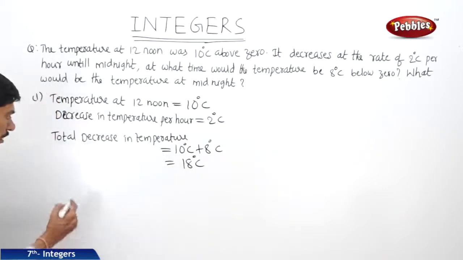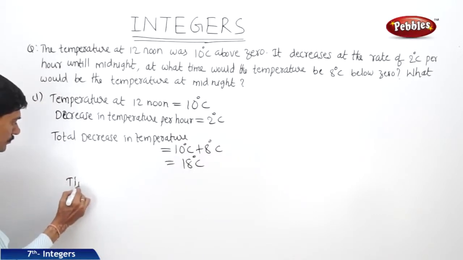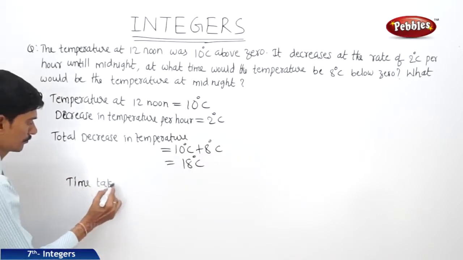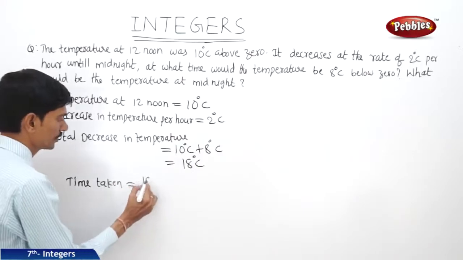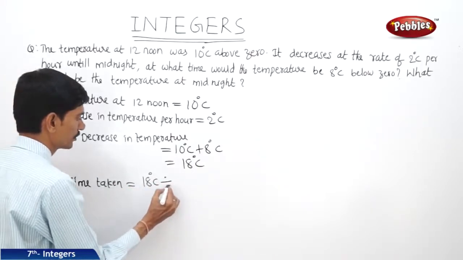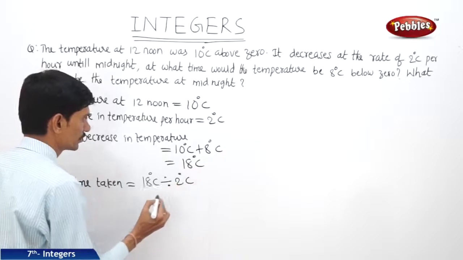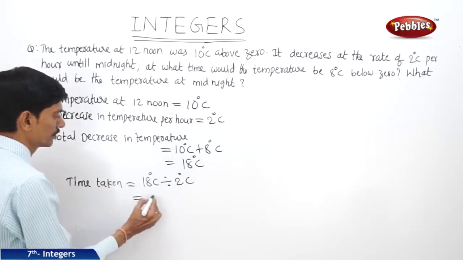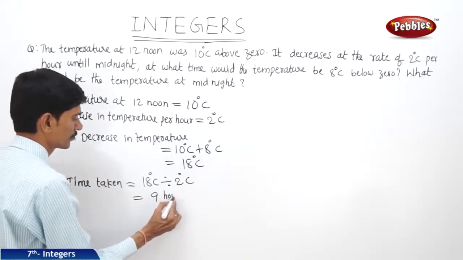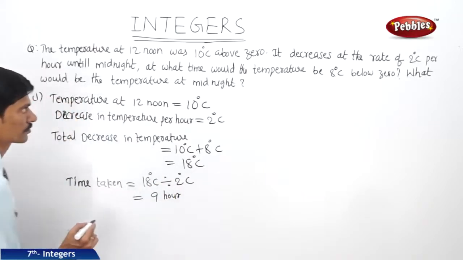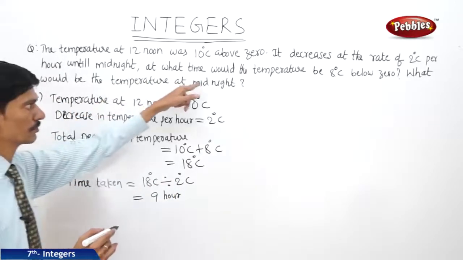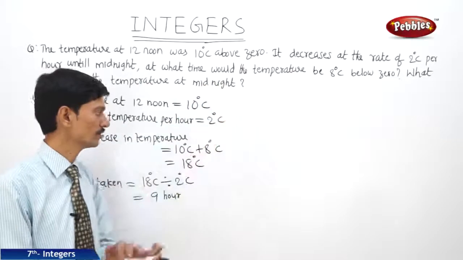So then time taken equals 18 degrees centigrade divided by 2 degrees centigrade. So this equals 9 hours. So then we can write that at what time would the temperature be 8 degrees centigrade below 0.